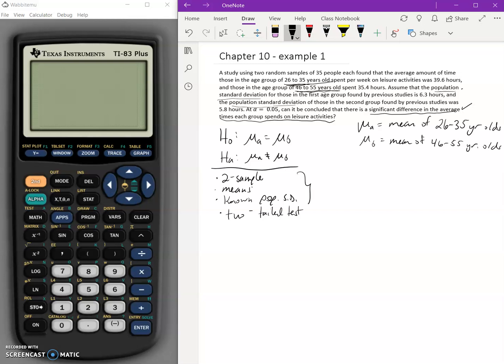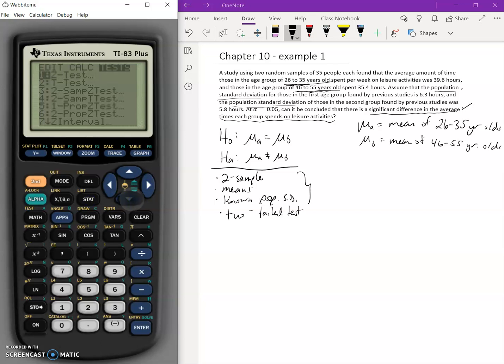These 3 things tell us what type of test we want to use. If we turn on our calculator, we can see some of the names. If we press stat, go over to tests, and scroll down a little bit, we have these 2-sample z-tests and 2-sample t-tests. So this will be a 2-sample z-test. Remember, z is used when we have a known population standard deviation.